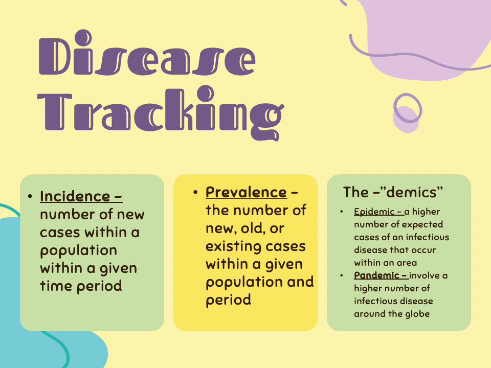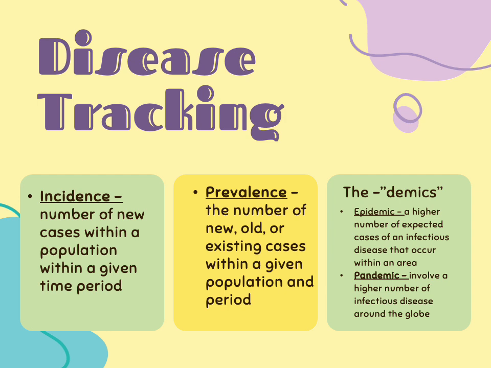So looking at incidence is very important because it tells us how fast things are going. Prevalence, again, is a good number to know because within that certain time period, we know how the diseases spike.